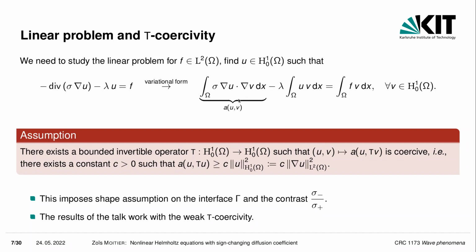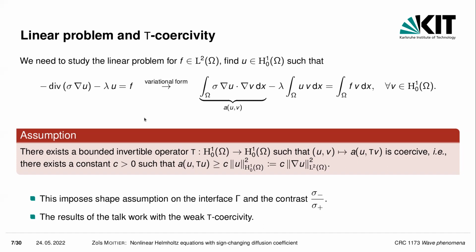And I call this term a(u, v). This is the principal term of my equation. This is a quadratic form, and since sigma changes sign, this form is not coercive. It's not even weakly coercive. It's indefinite. And so this is not a semi-bounded operator. And this is what makes this problem complicated.